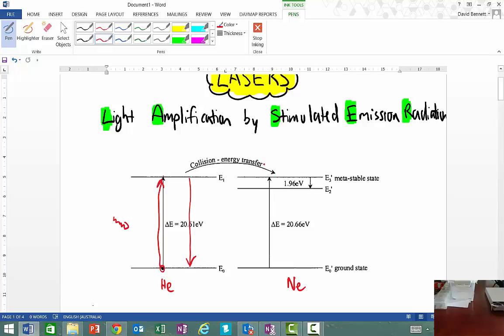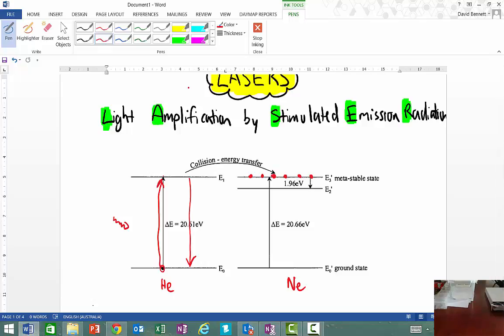And so therefore you're going to have a whole heap of neon electrons that are in the second excited state of neon. Alright, so that's what's going to happen. That process, rather than it falling down, where it transfers its energy over here, is a really important part of how this laser beam works.